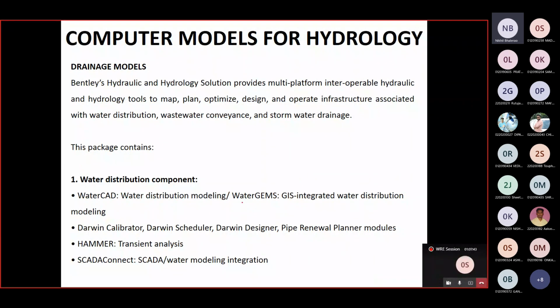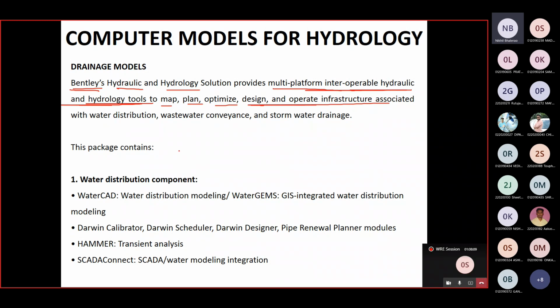Along with that, you might have heard about the Bentley package. Their hydraulic and hydrology solutions provide multi-platform interoperable hydraulic and hydrology tools for mapping, planning, optimization, designing, and operating the infrastructure associated with water distribution.